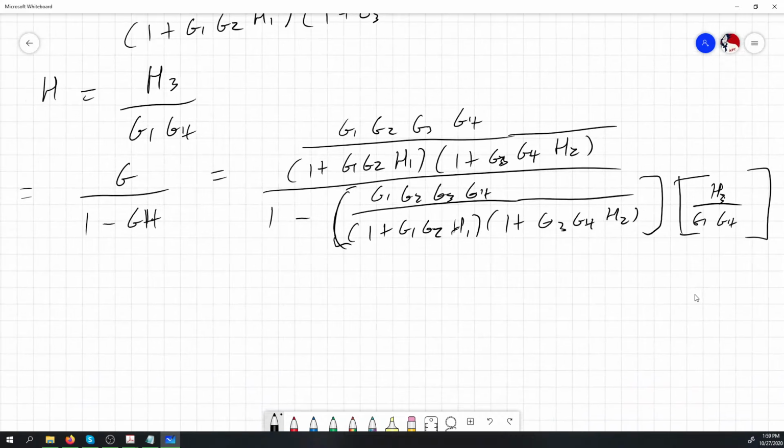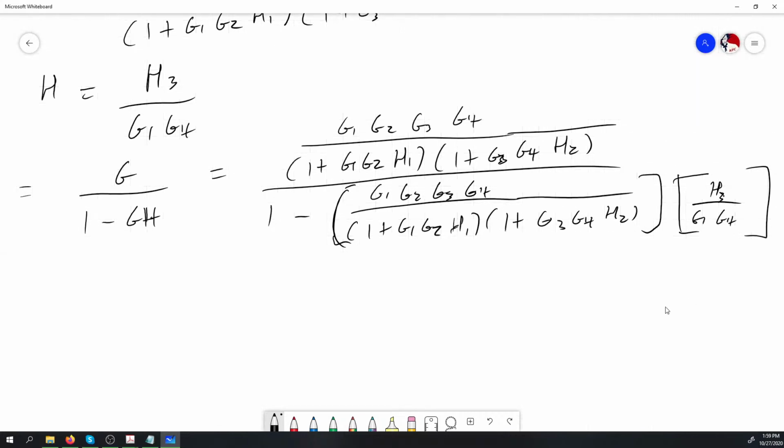Then we can do our mathematics accordingly. We can multiply out the entire thing by 1 plus G1, G2, H1 multiplied by 1 plus G3, G4, H2 multiplied by G1, G4 on the numerator and the denominator.